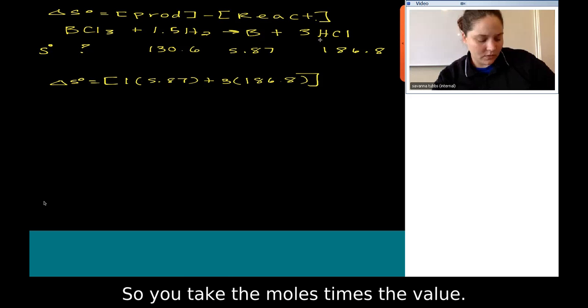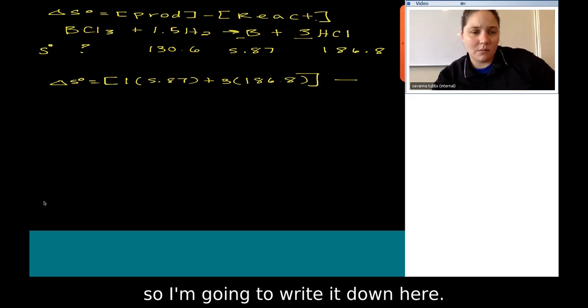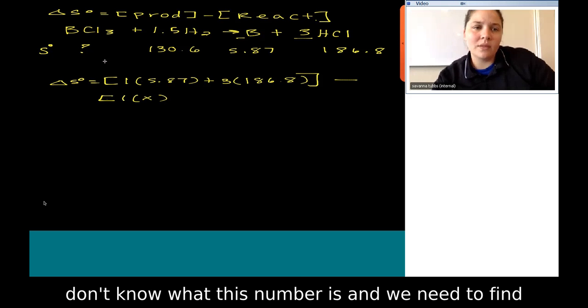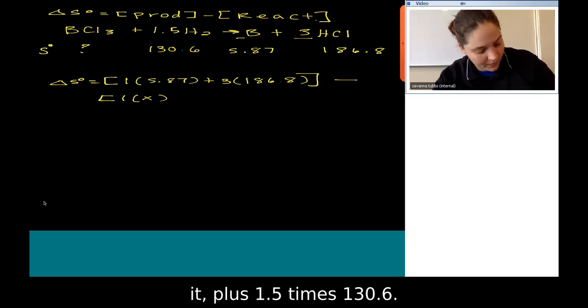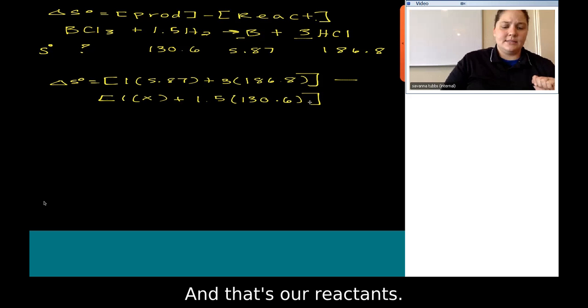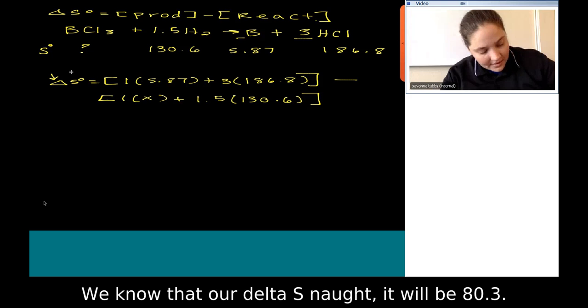So you take the moles times the value. And that is minus our reactants, so I'm going to write it down here. So we have 1 mole times X, because we don't know what this number is and we need to find it, plus 1.5 times 130.6. And that's our reactants. And we also know one other thing. We know that our delta S naught is going to be 80.3.